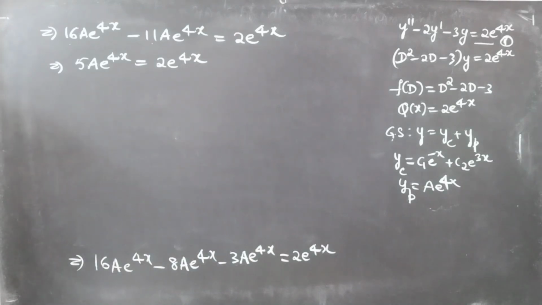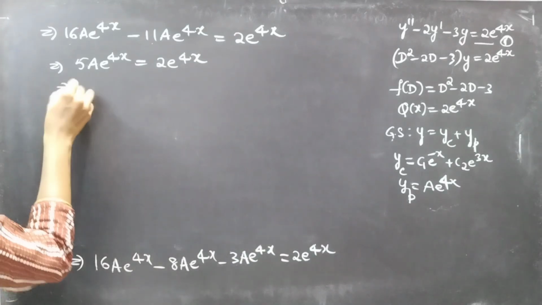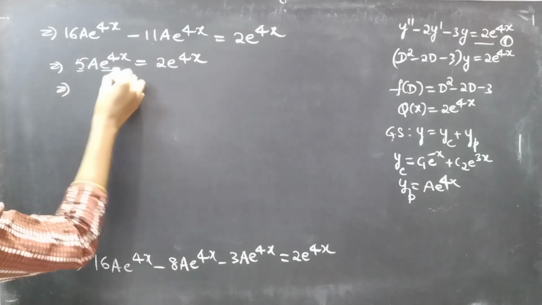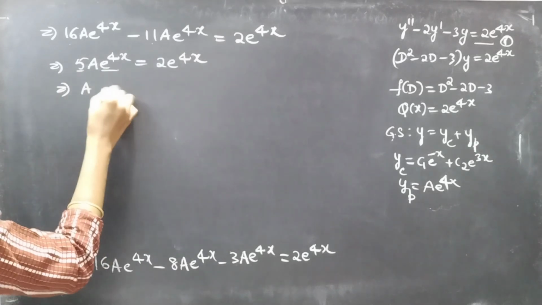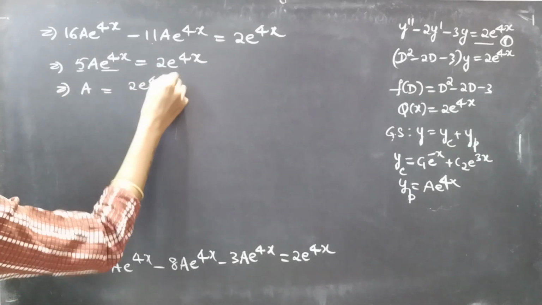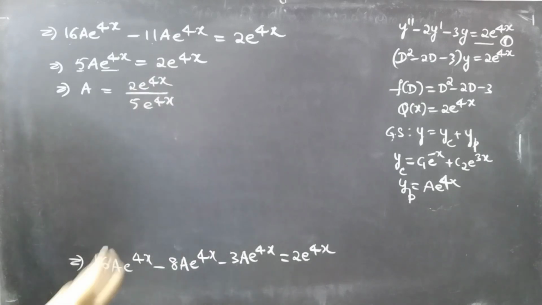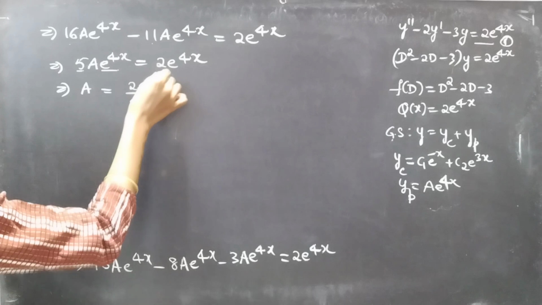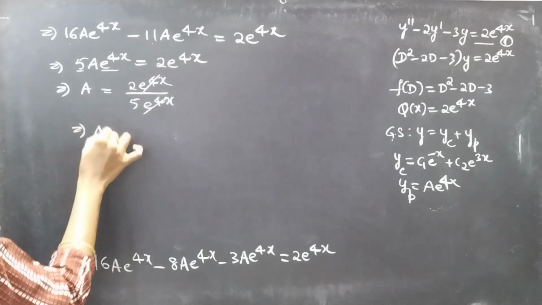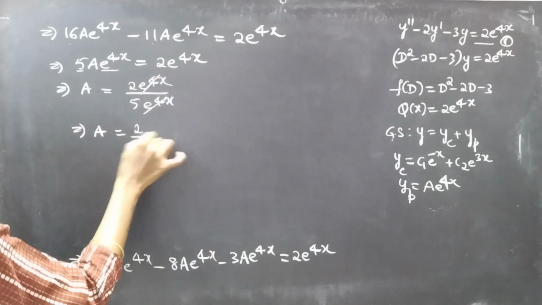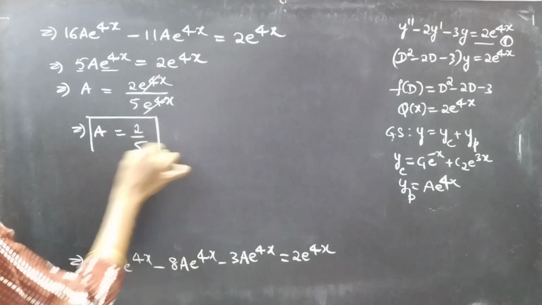Here we need to find the value of a. So let's take 5e^4x to the RHS. You'll get a equal to 2e^4x by 5e^4x, where you can cancel e^4x. You'll get a equal to 2 by 5.